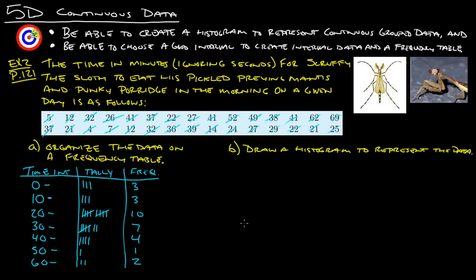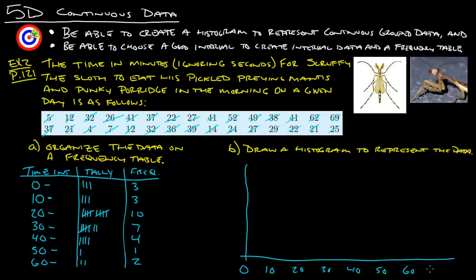Okay, so now we can draw a histogram to represent this data, and that's where this frequency table comes in very handy. So let's draw our axes here. We'll start obviously at 0, and then we're going to want to go in increments of 10. So 10, 20, 30, 40, 50, 60, up to 70.